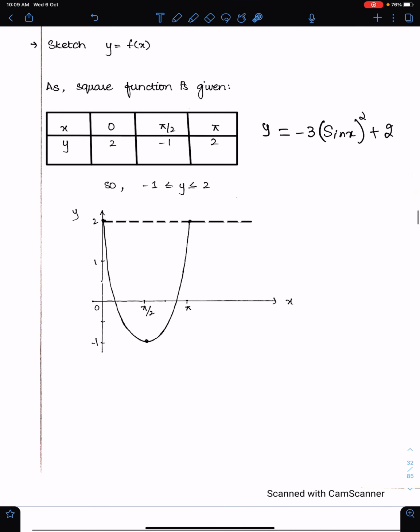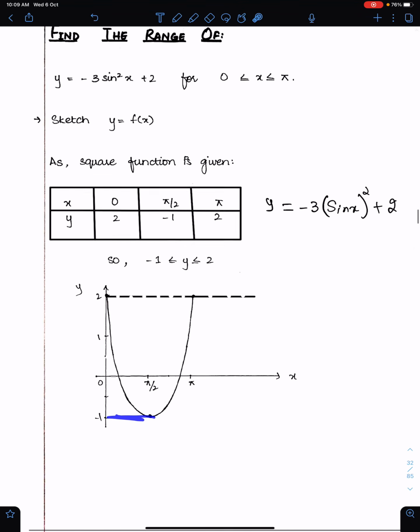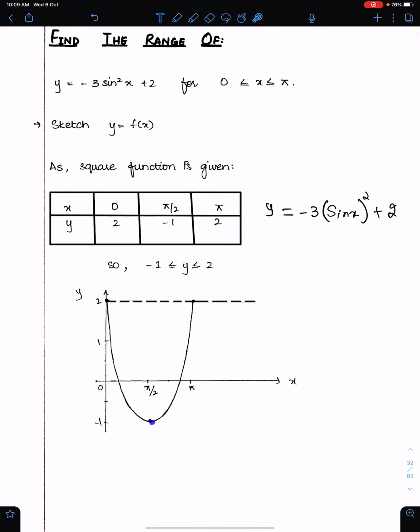This is the minimum value, which is C. Since we have a negative sign, therefore this is the maximum value, and C plus A is minus 1, which is the minimum value. Let me label this. This is C and this is C plus A.